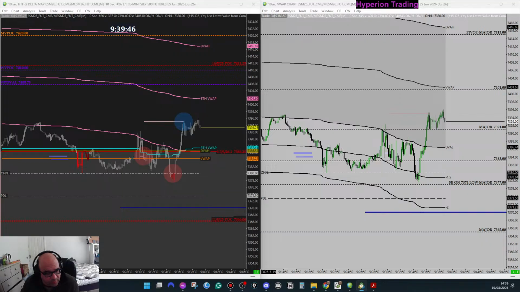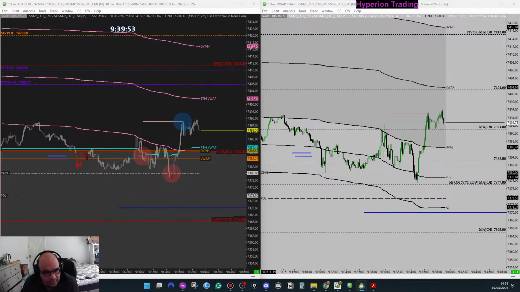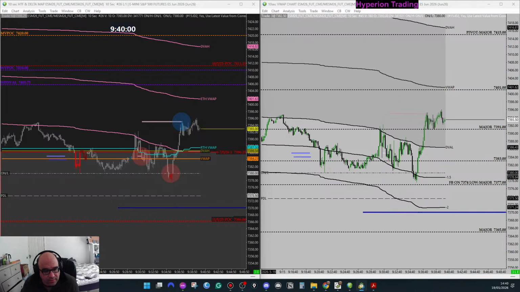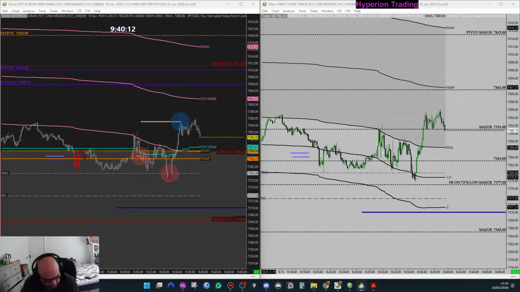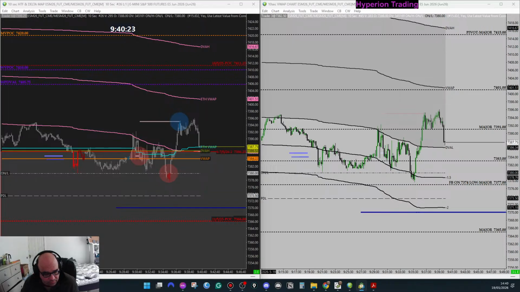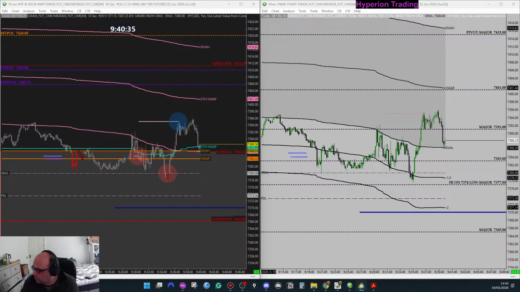We are hitting now the previous DVA low. That's why there are quite a few sellers there. We see we backtest the DVA low.